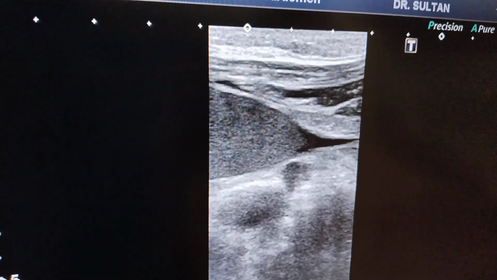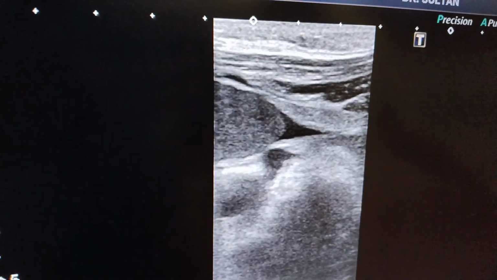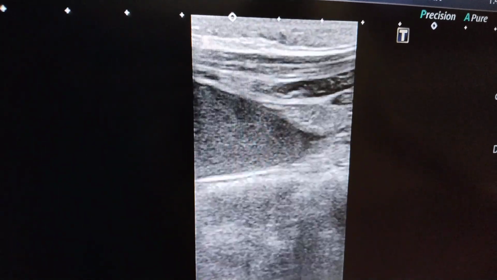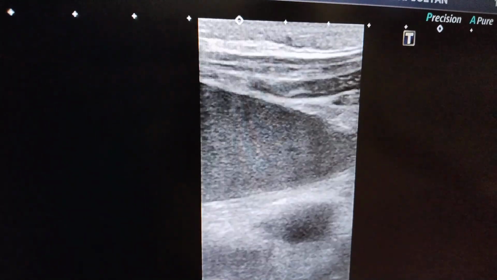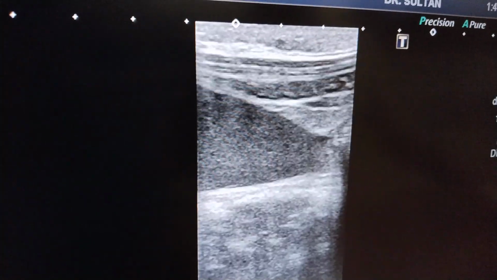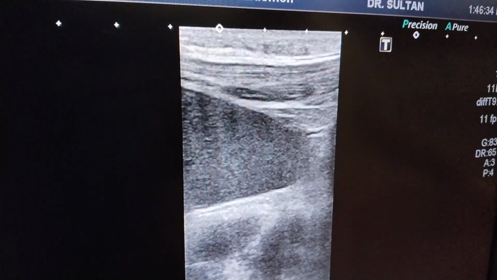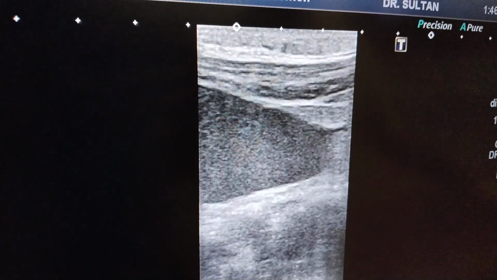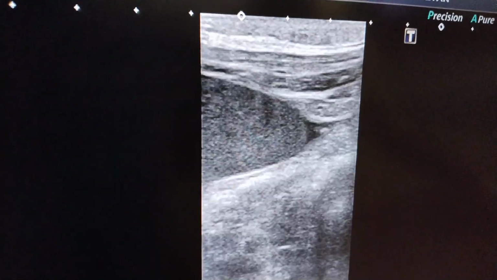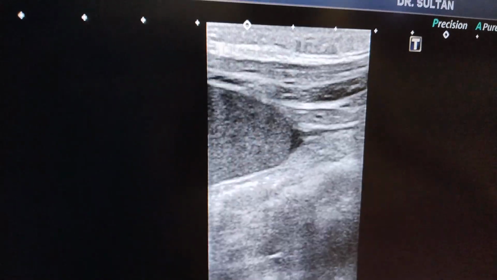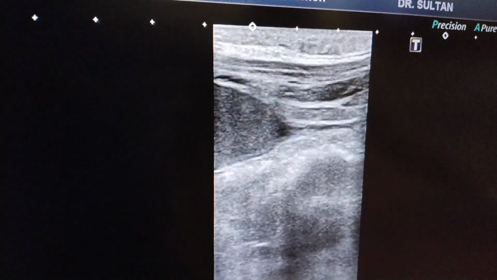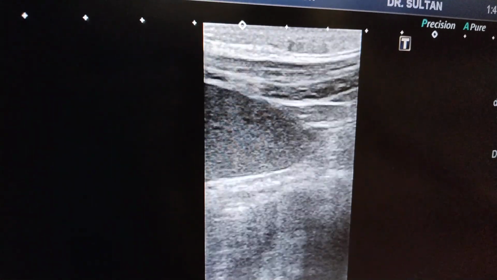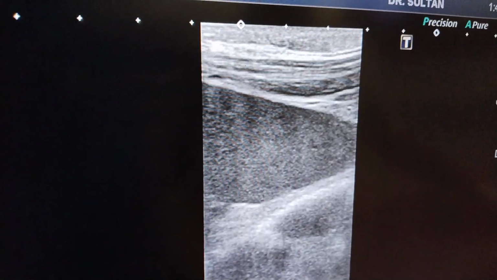So this is the cortex, and there is also thinning of the cortex, and the cortex shows diffuse calcification. So we can say that this is cortical nephrocalcinosis that is involving both kidneys, and both kidneys are small in size.